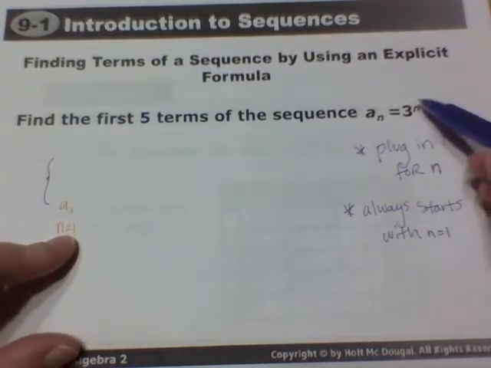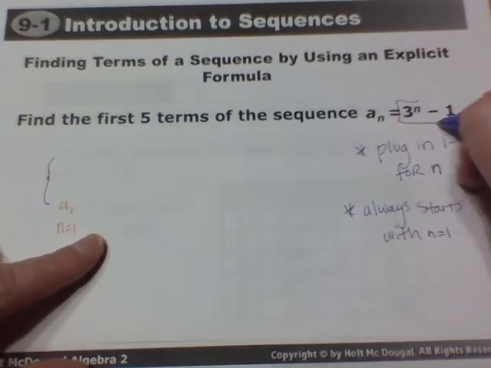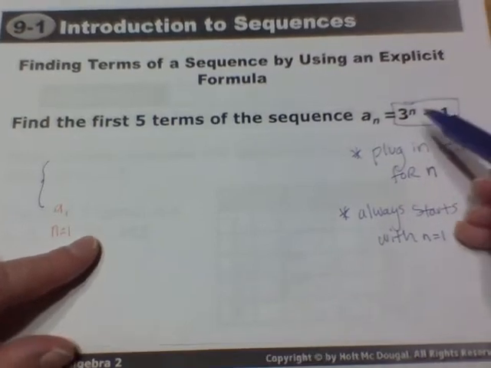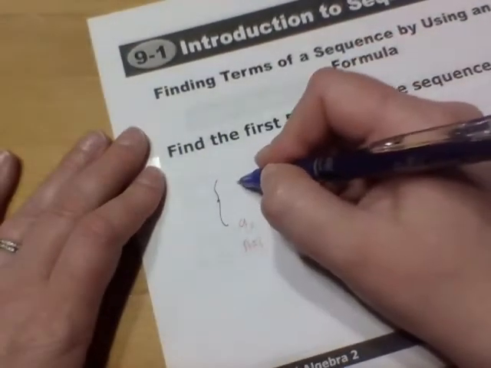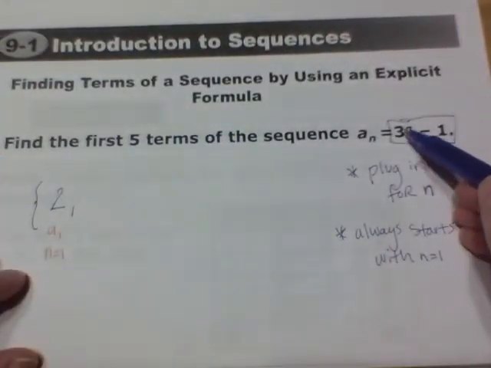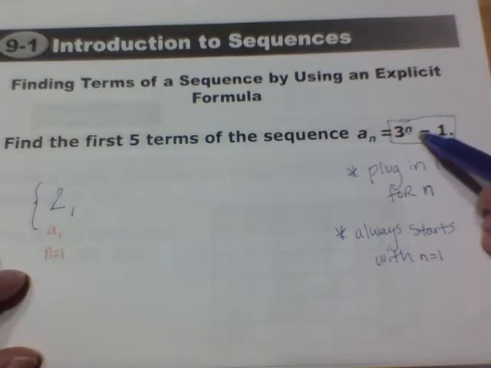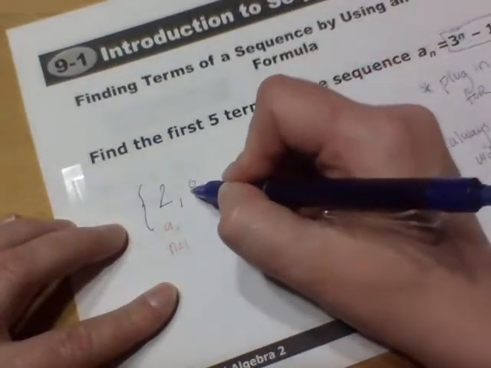So we're going to take our formula right here and plug in a 1. If we plug in a 1, 3 to the 1 minus 1 is going to be 2. All right, so again, 3 to the 1 minus 1. Now we're going to do 3 to the 2, which is 9, minus 1, so that's 8.